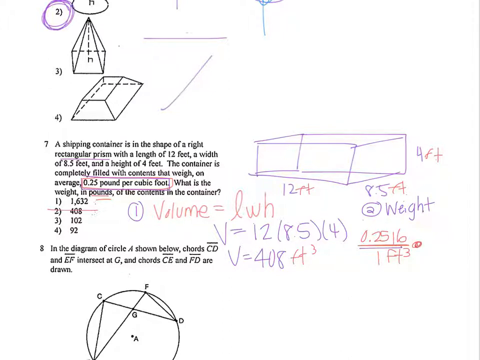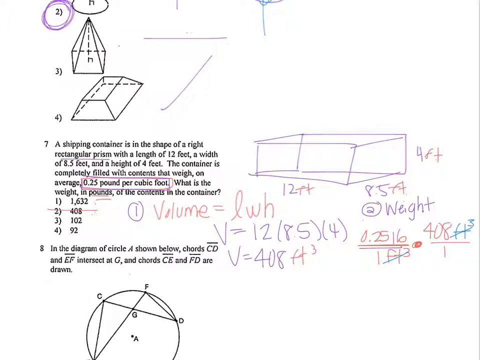Then I multiply it by another fraction, and my goal is to cancel out the feet cubed. So I have to have feet cubed on top, which is great because the volume we just calculated was in feet cubed. So we have 0.25 pounds over 1 cubic foot times 408 cubic feet over 1.